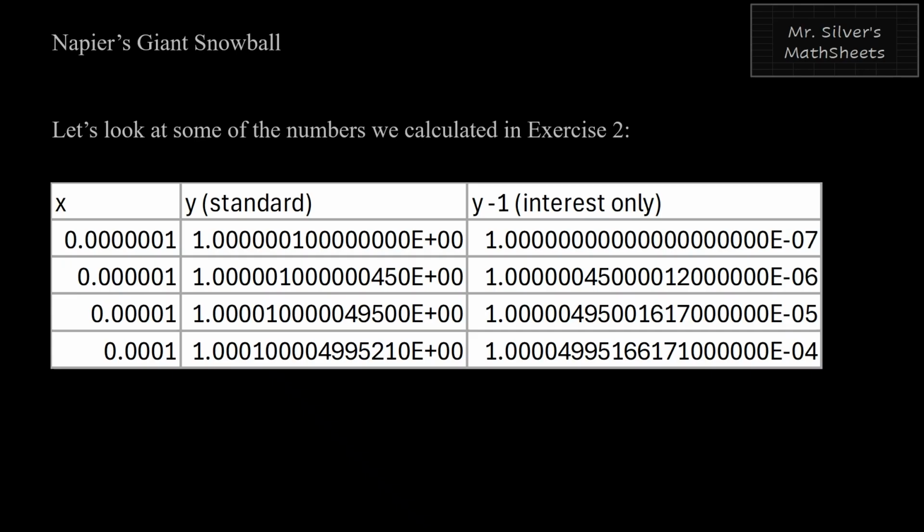Okay, the next row. 495, it ends. Over the next column, 495, 0, 0, 1, 6, 1, 7. Those are all digits we did not see before. We're seeing more digits now. That's why we're getting a better value for the calculations.